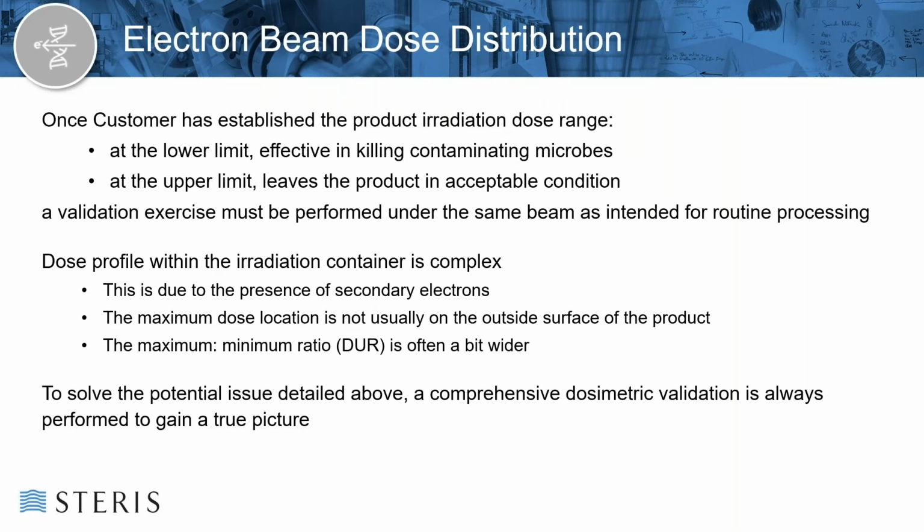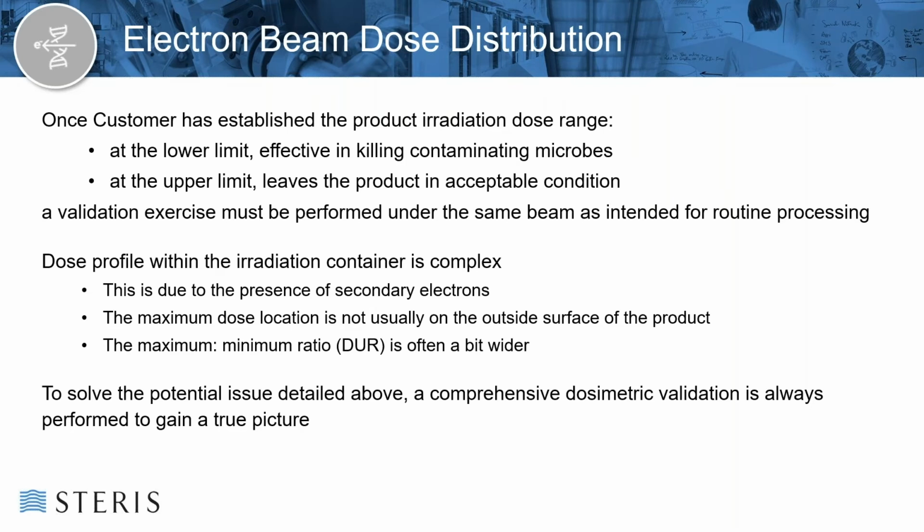So we have a complex dose distribution. It's also due to the presence of secondary electrons being scattered, being built up within the product. Max dose location is not usually on the outside of the product. For gamma, that might well be a reasonable thing to state, but not for electron beam. For electron beam, you saw that increase in dose with depth. Typically, max doses are within the volume, but not always. And to understand where the dose is, max and min, we need to do this study of the dose distribution.